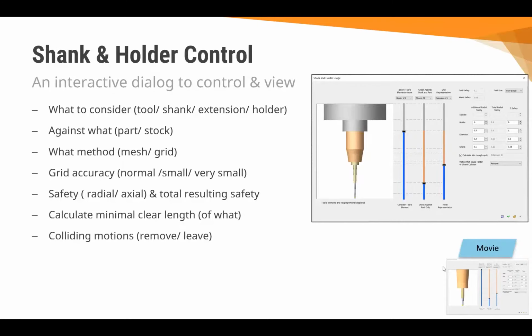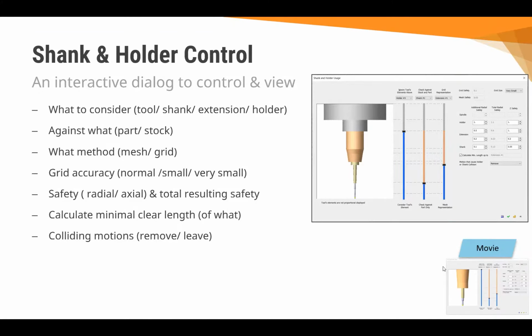Shank and holder control is now different than it was in the previous version. We've now got a much nicer user interface for this. It's allowing us to more easily control what is being used in our shank and holder calculations, making it quicker to process a toolpath with that compensation in mind. It's similar to what you might see within the 5-axis operations, but now can be used with 3-axis operations.